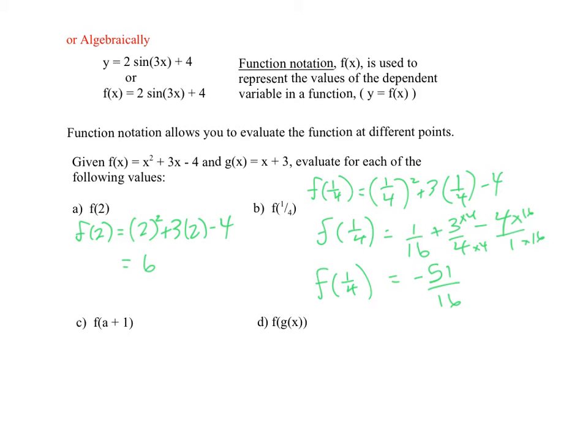Okay, so next one, same idea. We're just taking a plus 1, and we're going to sub it into the function f at x anytime that we see an x. So f at a plus 1, so I'll have a plus 1 squared plus 3x minus 4.